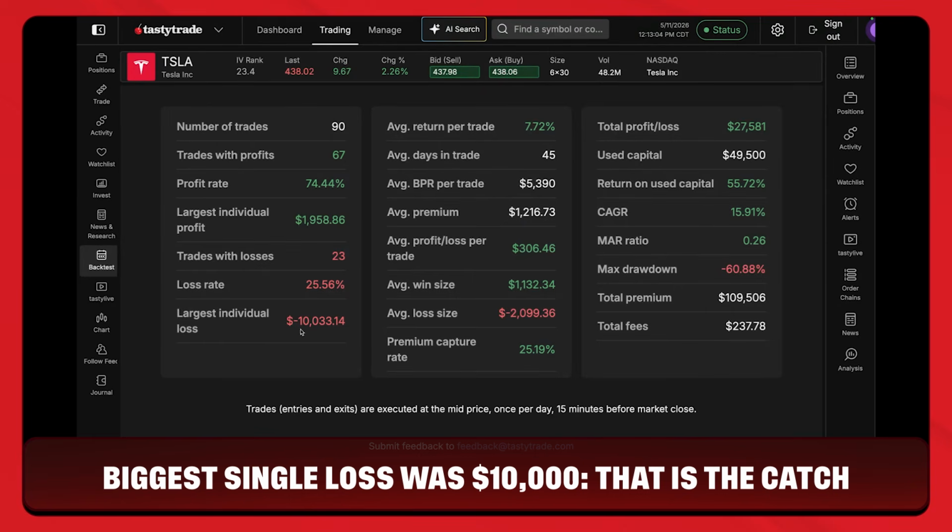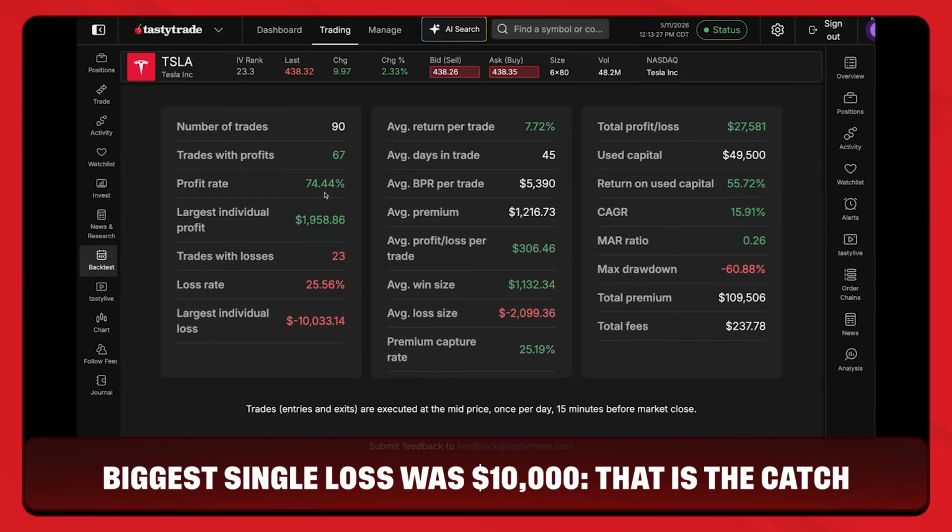If I have a $500,000 size account, then okay, maybe I can handle a $10,000 loss. But that's really what the difference is between a smaller account and a bigger account. Selling premium makes sense. In other words, 74% profit rate. Great. Now, how do we reduce this?